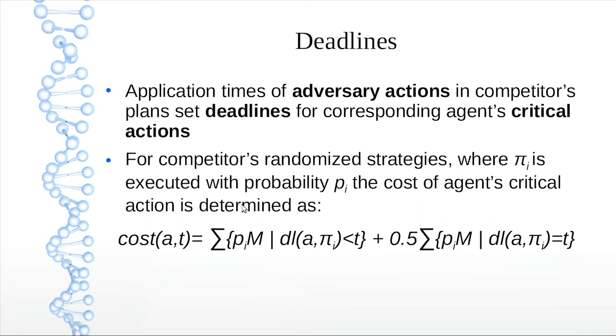And of course, this is the sum across all the plans. Also, we are considering the tie situations in which we are planning our critical actions at the same time as the adversary ones, and in such a case, we have a 50% chance to succeed.